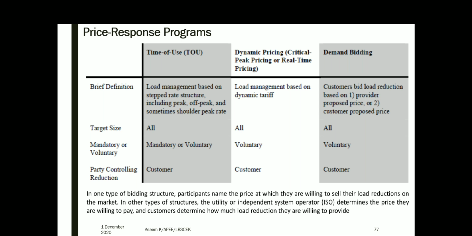This particular table gives a comparison of each type of price response program. These programs allow customers to voluntarily reduce their demand in response to economic signals. Programs vary by the pricing structure, and they will give advanced notification also.